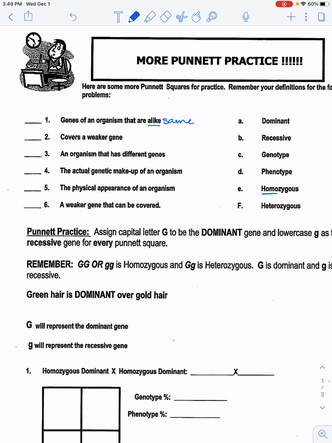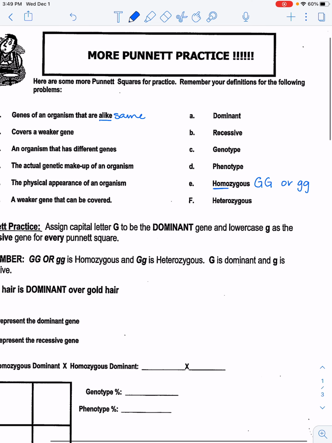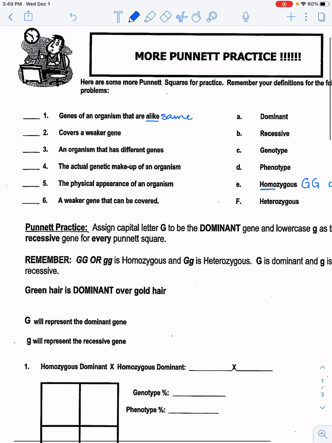This means that we have the same genes or the same alleles. Some examples, if we're using the letter G, would be big G, big G, or little g, little g. We will get into that a little bit later, but that is just an example for you.